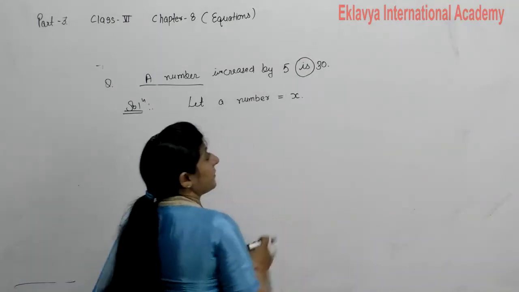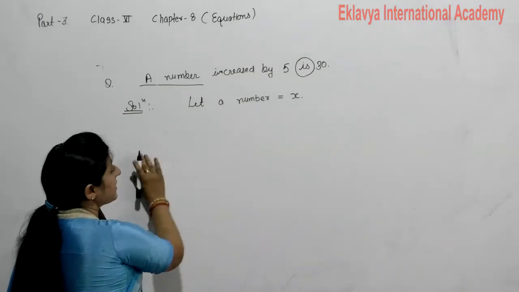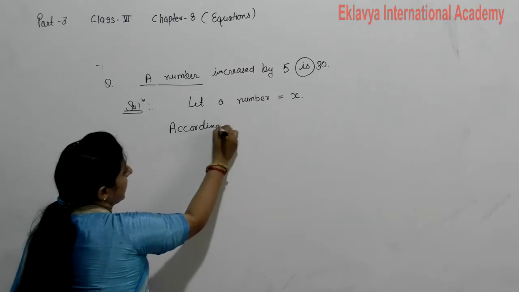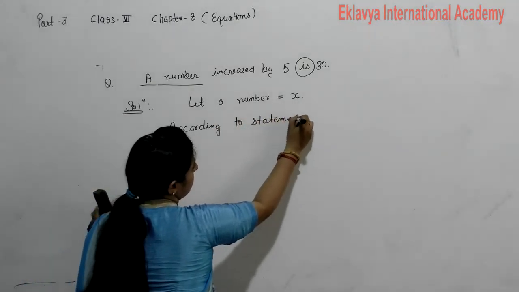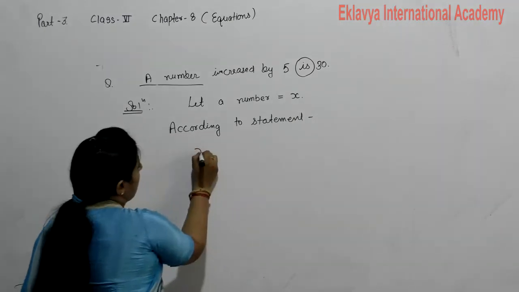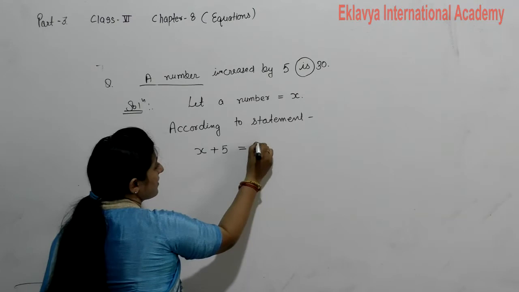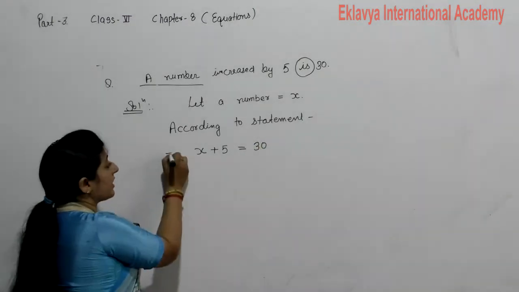Is 30, so that is equal to 30. Then according to the statement we can write: x increased by 5 is 30. This is our equation.